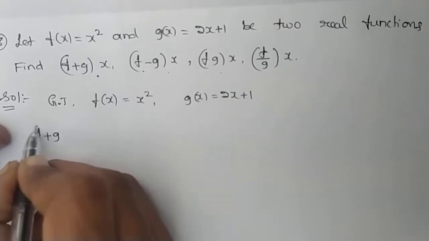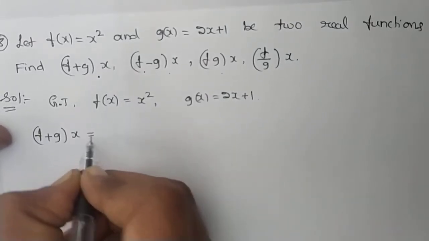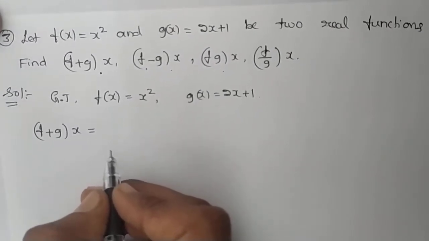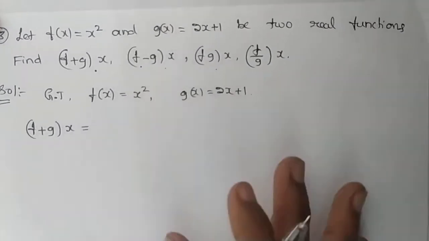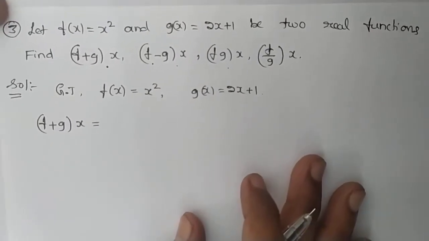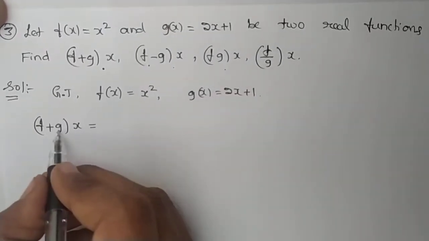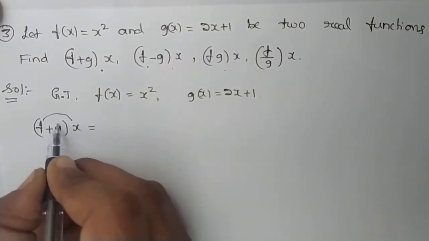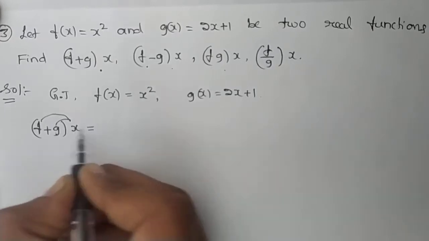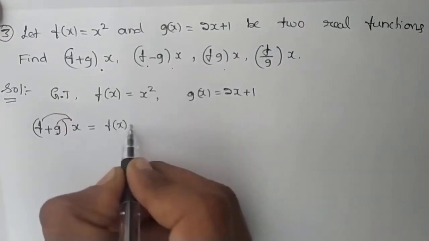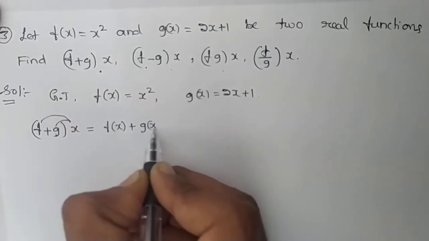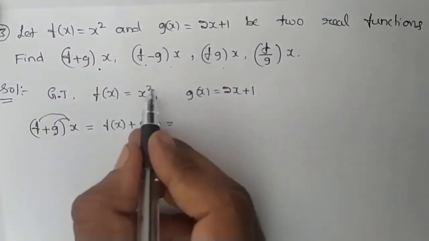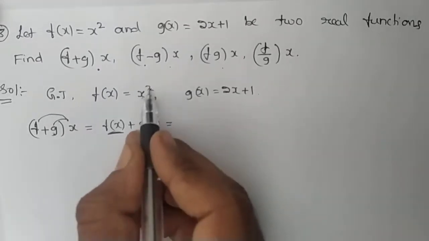f plus g of x equals, you just see the algebra of real functions. There, f plus g of x equals f of x plus g of x. f of x is x square.